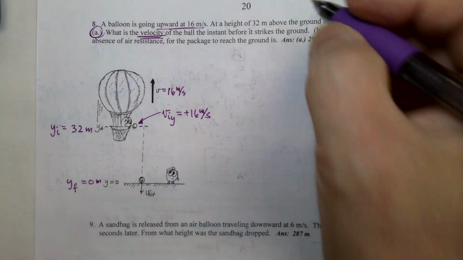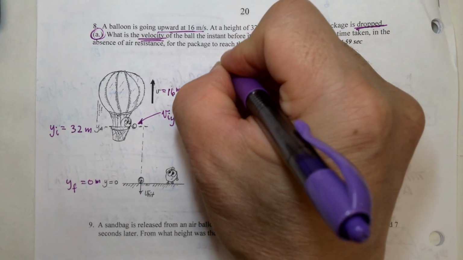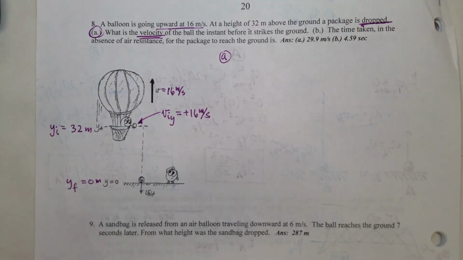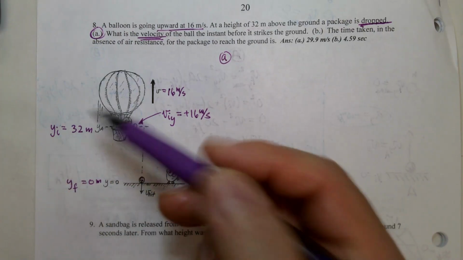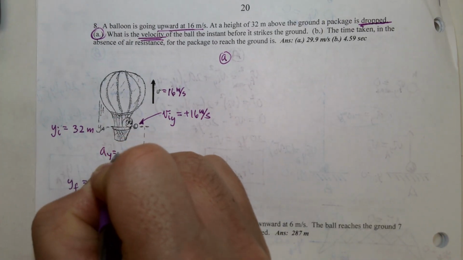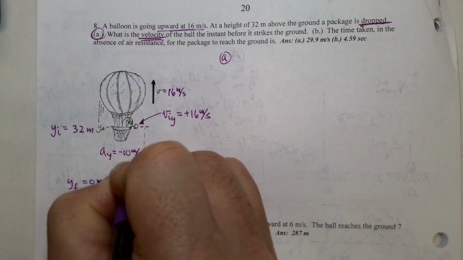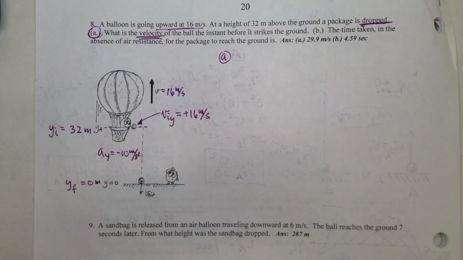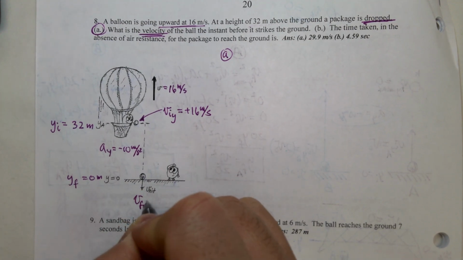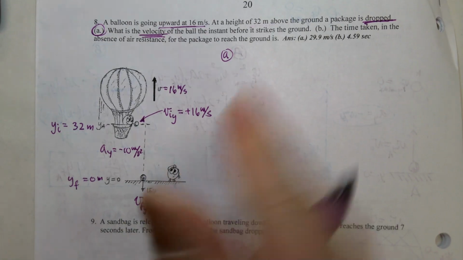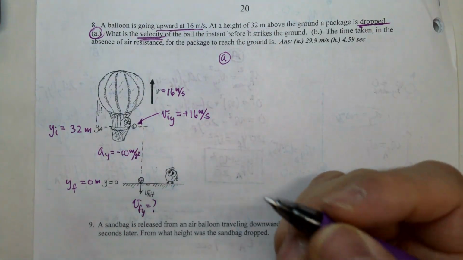So for part A, we have VI, we have delta Y, we have A sub Y, which is negative 10 meters per second squared, right? So we could definitely find the VF using equation number 3, because I don't have time, right?